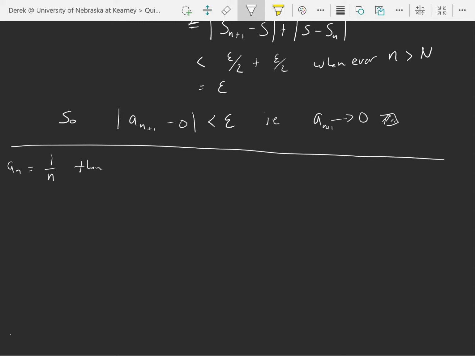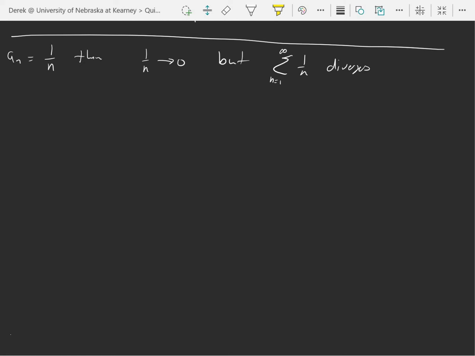Then 1 over n goes to 0, but the sum of 1 over n from n equals 1 to infinity diverges. Let me show you why.